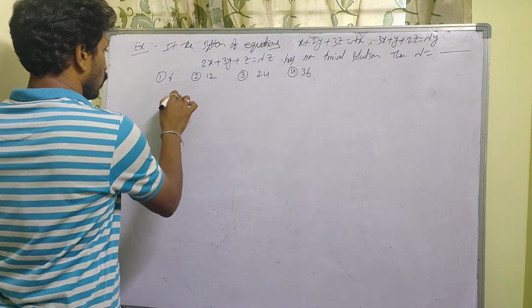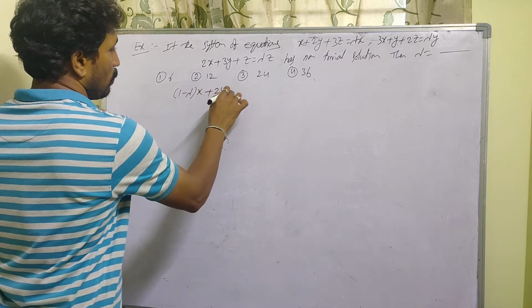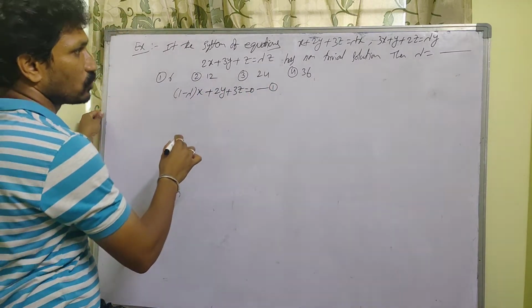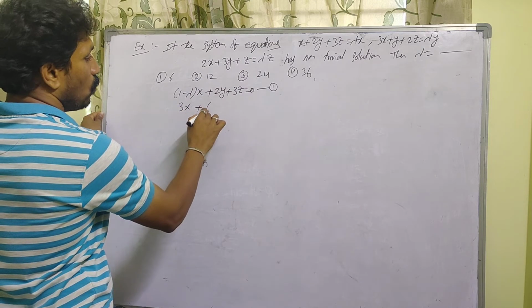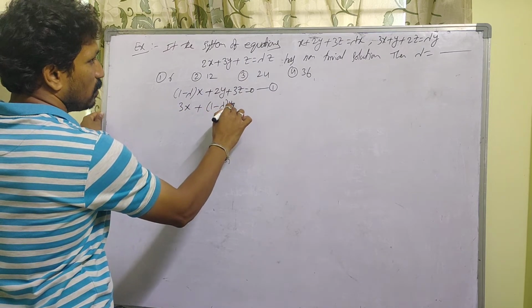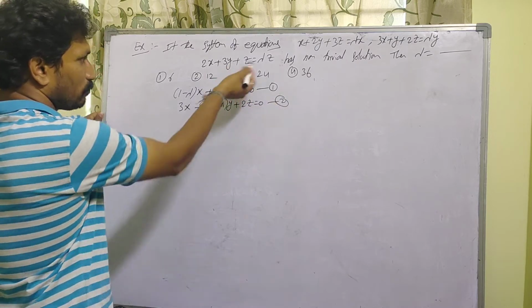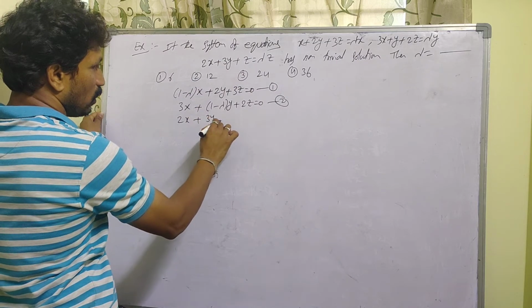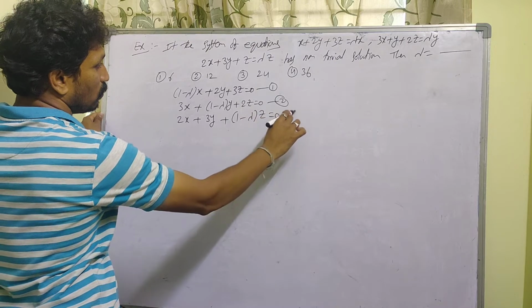So the first equation becomes 1 minus lambda into x plus 2y plus 3z is equal to 0. Second equation: transpose y to this side and take y common, 1 minus lambda into y plus 2z is equal to 0. If you take z to this side, 2x plus 3y plus z common, then we have 1 minus lambda into z is equal to 0.